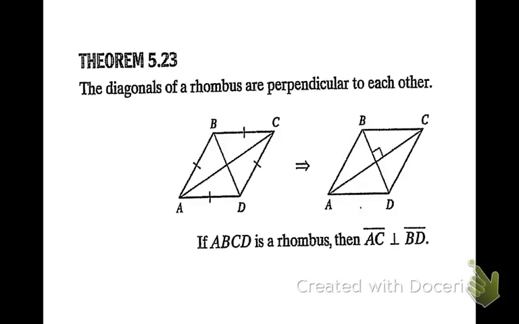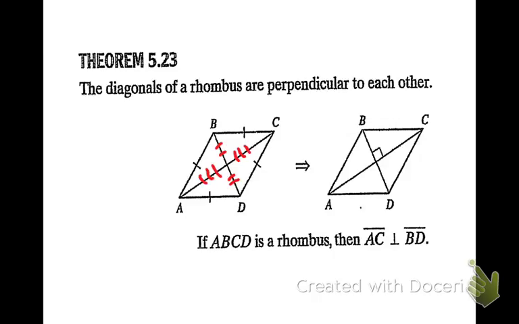Okay. Well, we know the diagonals of a rhombus bisect each other, right? So I could say that these two lines are congruent and these two lines are congruent.